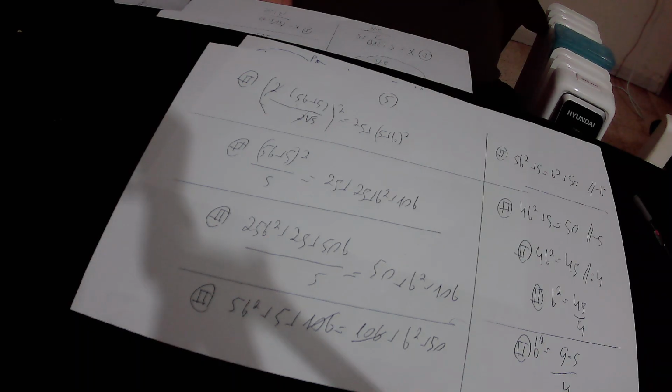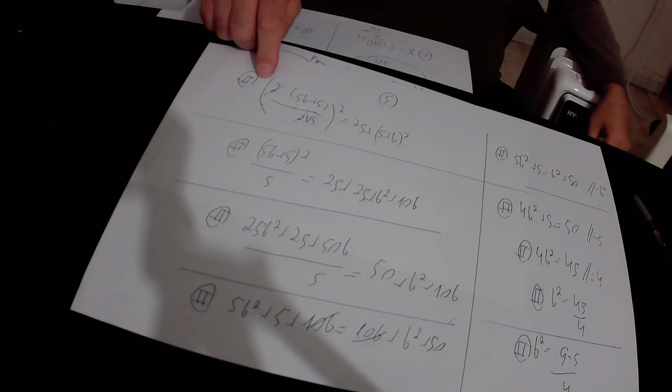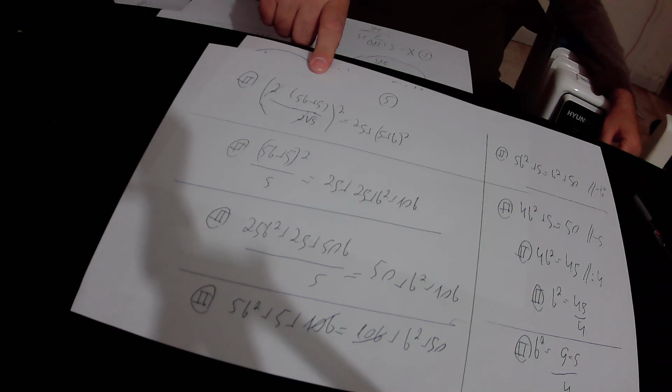Here we have 2 in the numerator and 2 in the denominator, so the 2 will get cancelled. After we cancel 2, we are left here with (5b plus 5) squared over square root of 5 squared.